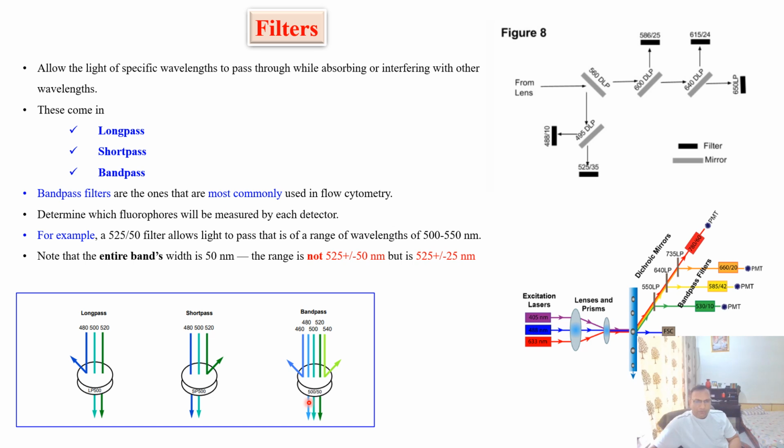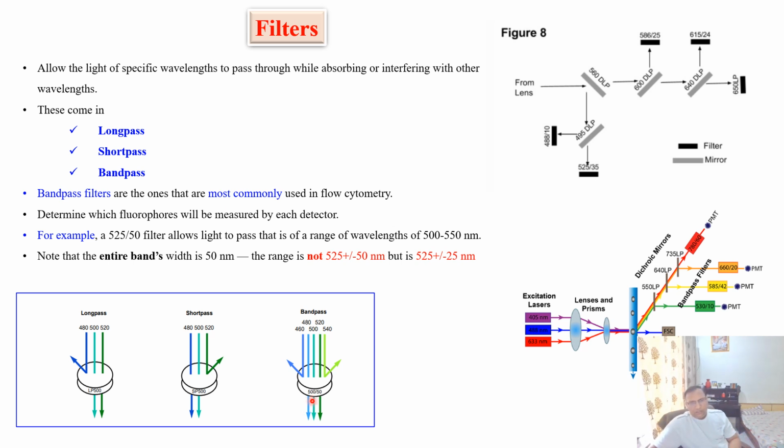In band pass, you will find the wavelength written. For example, here it is written 500 oblique 50. You have to listen carefully. It means it passes a certain range of wavelengths, and out of the range it will be reflected.